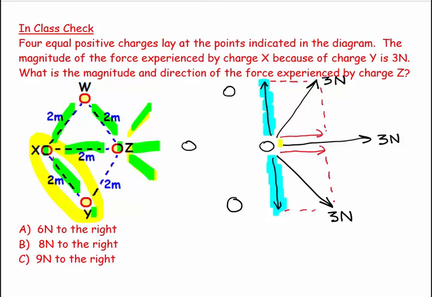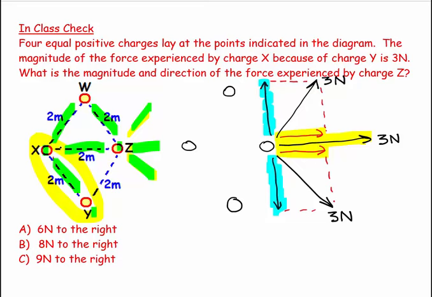I'm left with the original force caused by X and Z. I'm left with the X component of the force caused by W on Z. And I'm left with the X component of the force caused by Y on Z. So it's these 3 forces down here that I'm left with.